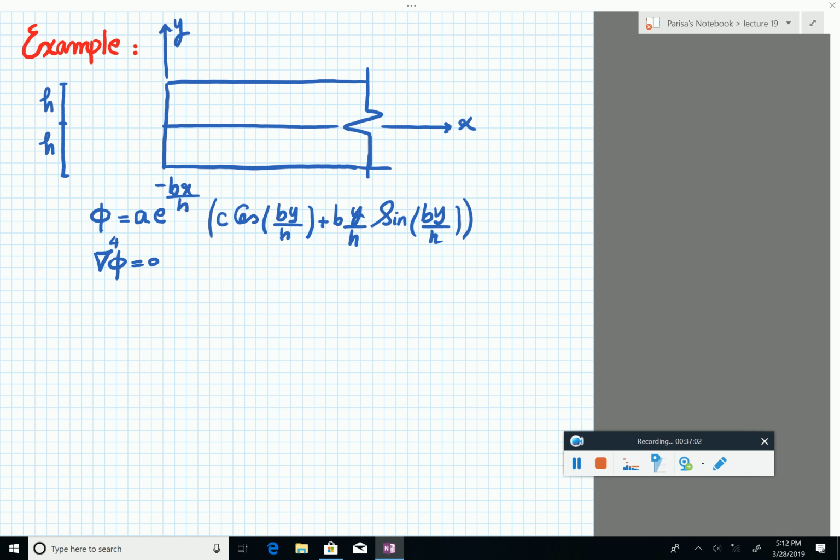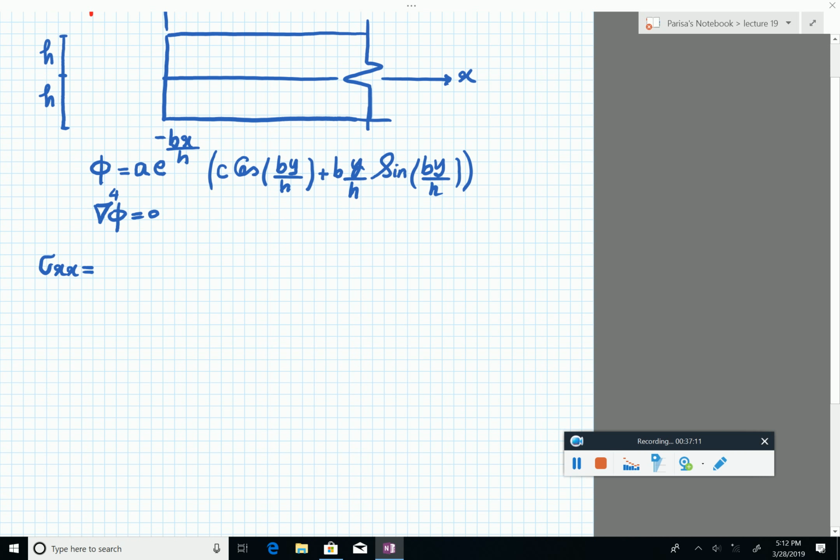Now, if you calculate the stress field, so remember the relationship, we are still in the Cartesian coordinate system. It looks like that. XY is, right.